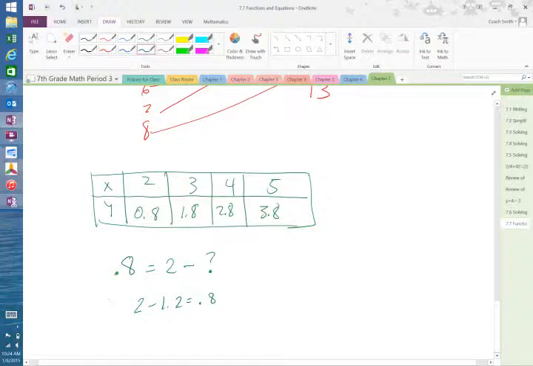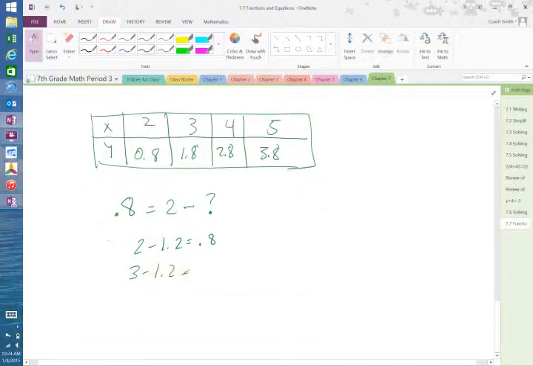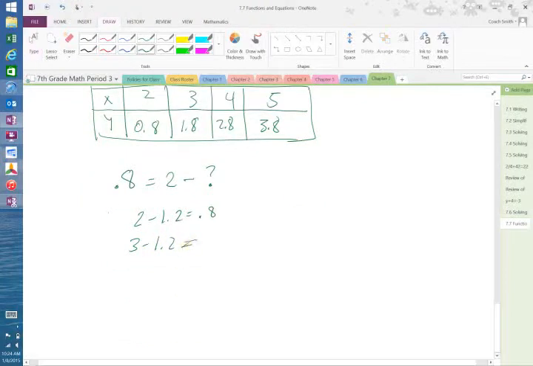Now, I'm not done, okay? Because just like we talked about a while ago when we had the 2 that went in the box and came out 4, and we had 3 different things you could have done to it, we need to check this to make sure this is really the true rule. So then what we do is we take 3 minus 1.2. Okay, 3 minus 1.2 is 1.8. We take 4 minus 1.2, and that is 2.8.